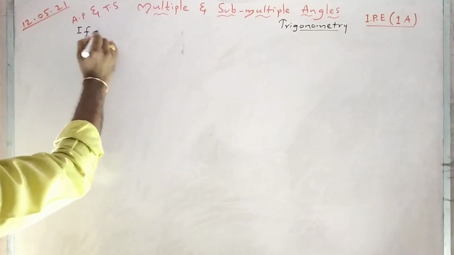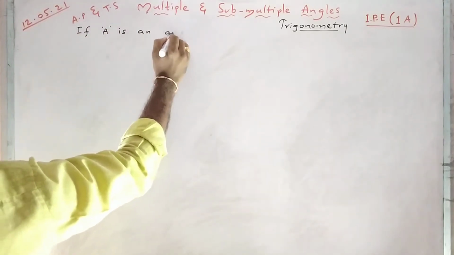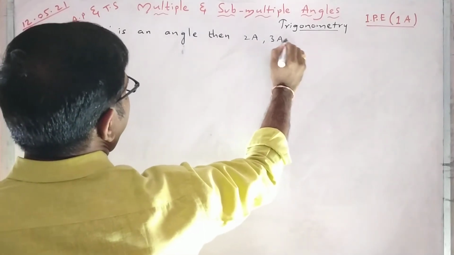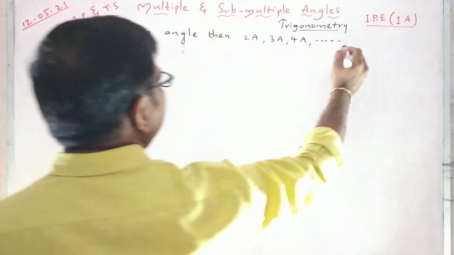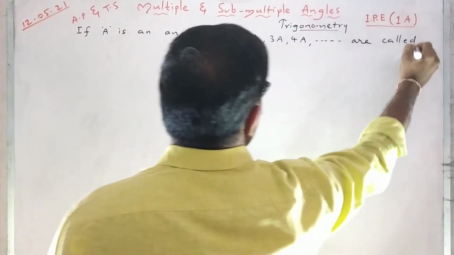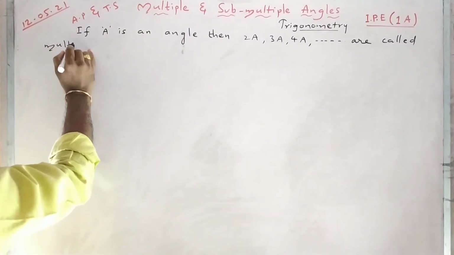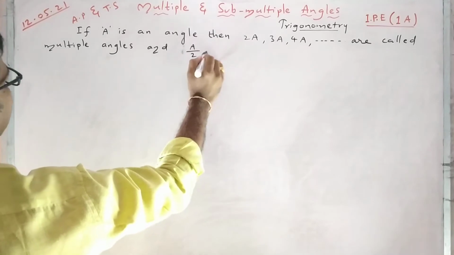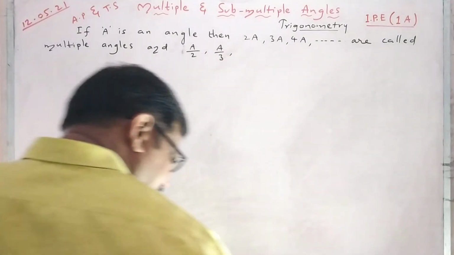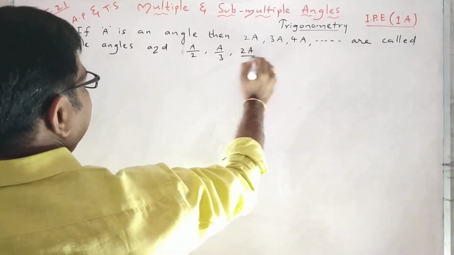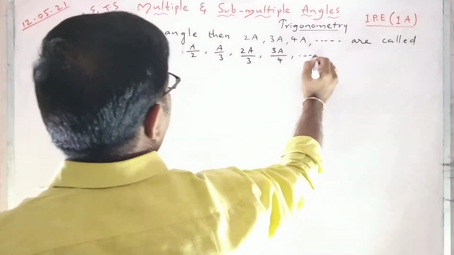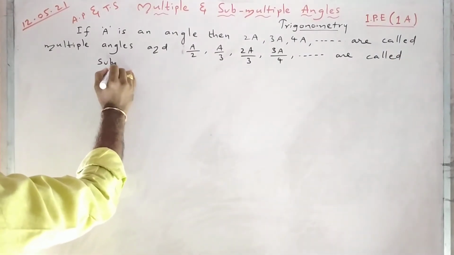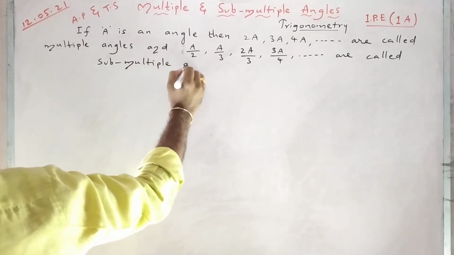If A is an angle, then multiples, that is 2A, 3A, 4A, and so on, are called multiple angles, and A by 2, A by 3, 2A by 4, 2A by 3, 3A by 4, such types of angles are called submultiple angles.